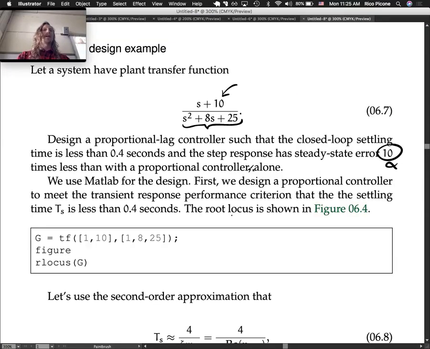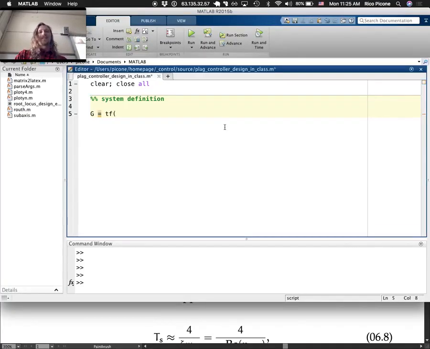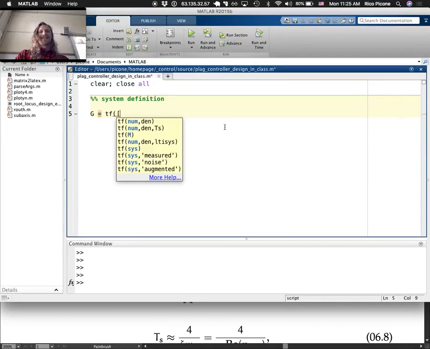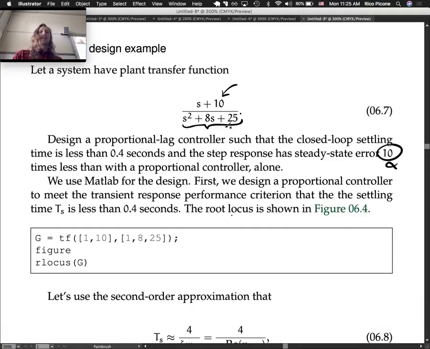We're going to use TF instead of ZPK. Why is that? It's not factored, so we don't know the poles. We know the zero, but we don't know the poles without factoring, and we don't want to factor, not because it's hard, we just don't want to. So the numerator coefficients are 1 and 10.